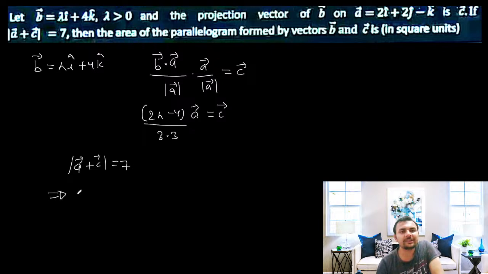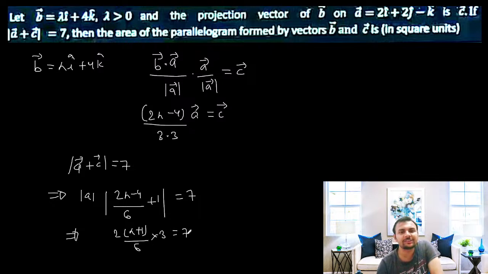So can we say it is nothing but mod A times (2 lambda minus 4 upon 6 plus 1) mod equal to 7, and this is 3. So we got 2 lambda plus 1 upon 6 into 3 equal to 7, and this is mod.